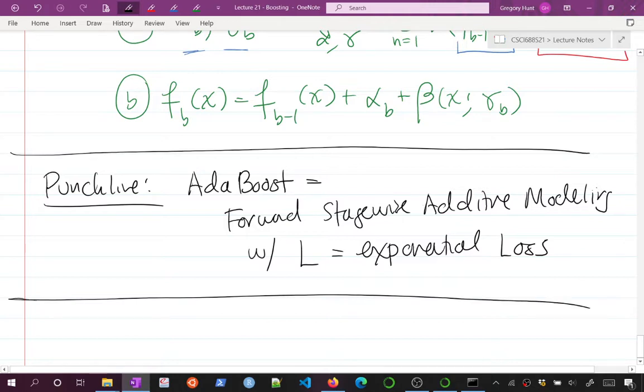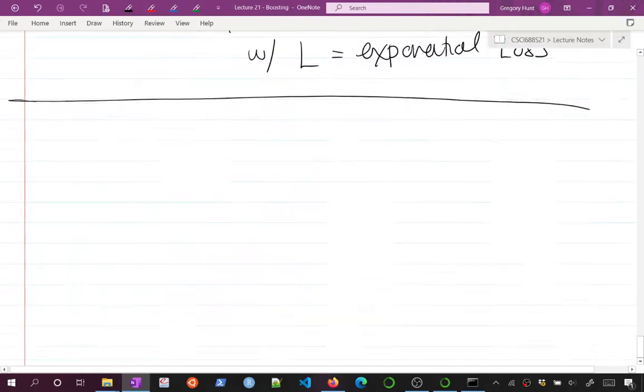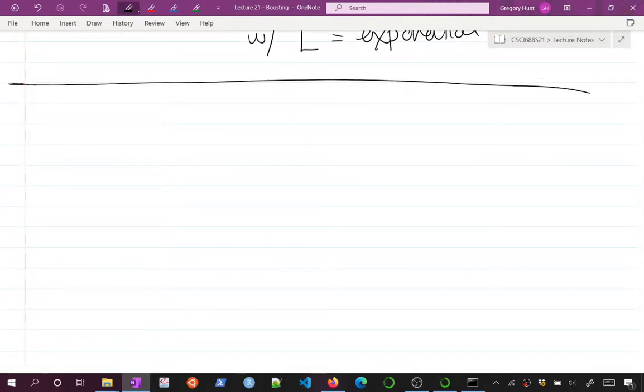Now, this is not how it was originally conceived, but this is probably the best way to understand what Adaboost is. It took 5 years to figure this out. So that's Adaboost in its basic form.